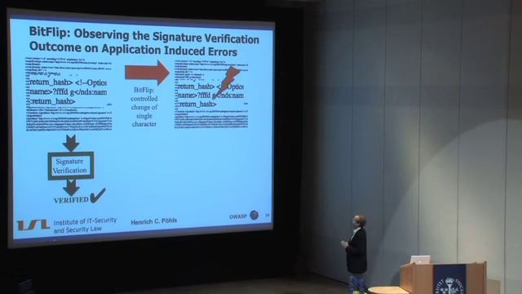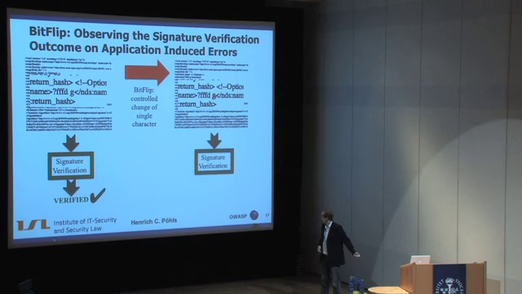BitFlip now can introduce one controlled change, in this case not of a bit, but in the case of XML we thought it would be more helpful to do this on a character basis. In this case we will just flip the G and put a big A in it, and then we'll feed this into the same signature verification process as the right-hand side and look for the outcome.